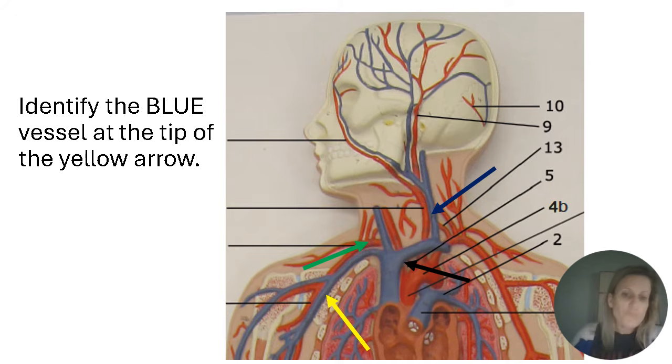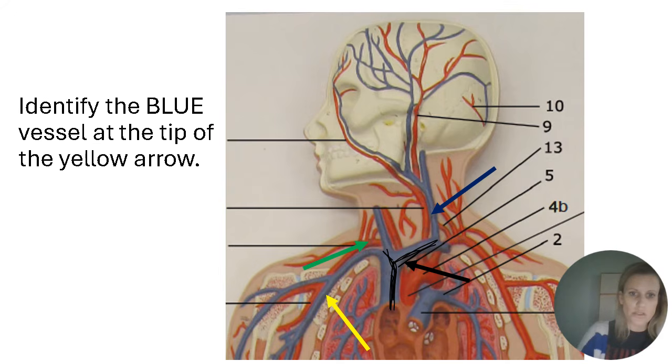The blue vessel. All right, so this is heading towards the arm, right? If you kind of start right here, you have your superior vena cava. And remember, these two that go into it, those are the brachiocephalic veins, right?